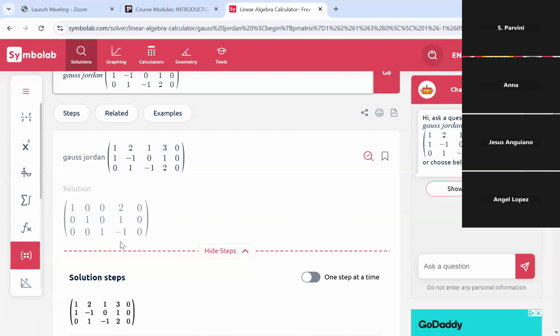Okay, let's see. 0x sub 1, 0x sub 2, 1x sub 3, isn't it? Again, I'm going to write this on the paper and then I'll show you. 1x sub 3, and then isn't it negative x sub 4, right? Negative 1x sub 4. And that should equal 0, shouldn't it?